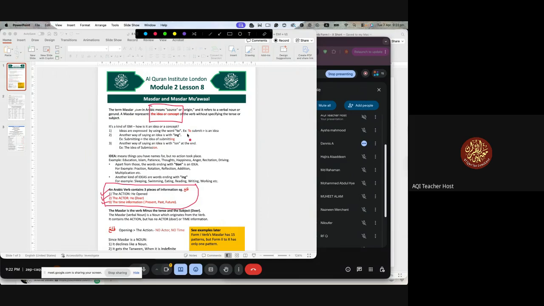How is it idea? To submit. It doesn't mean someone has submitted any action there. Submitting, is it an action or is it an idea? Tell me, which one? This is the core thing.